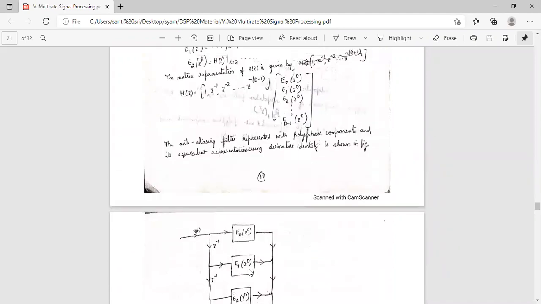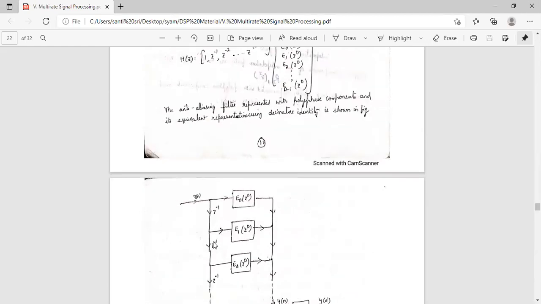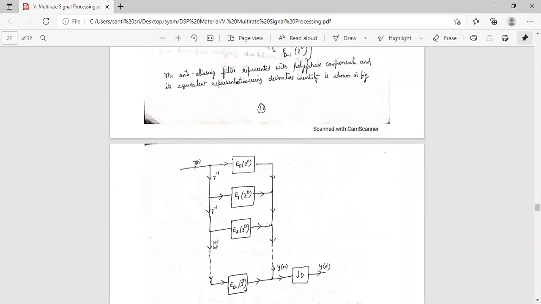So we have e0 of z power d, z power minus 1 into e1 of z power d, z power minus 2 into e2 of z power d, z power minus 3, like this, up to z power minus (d minus 1) into e d minus 1 of z power d. So all are multiplied and cascaded with a down sampler, so that we will get y of n.